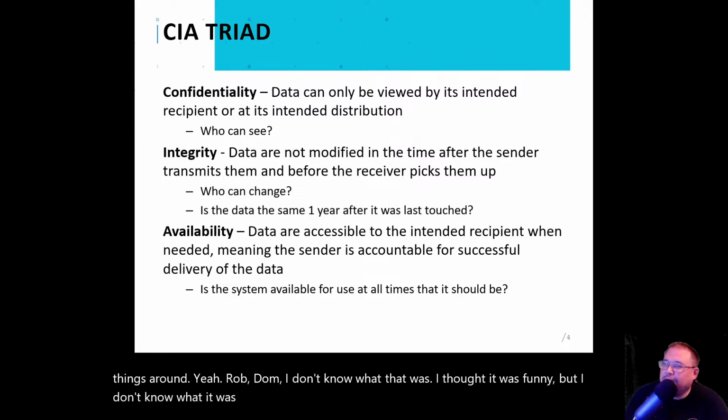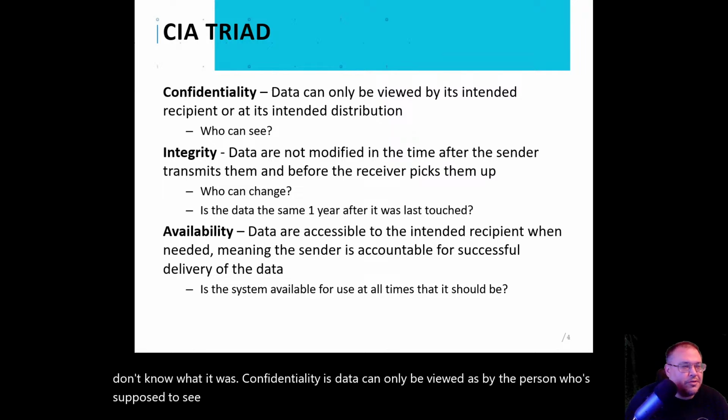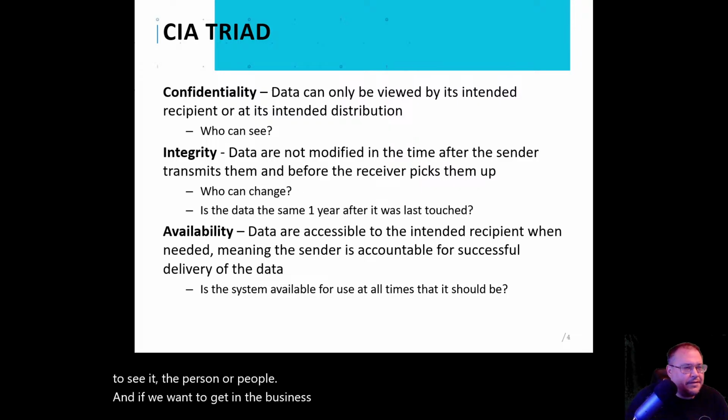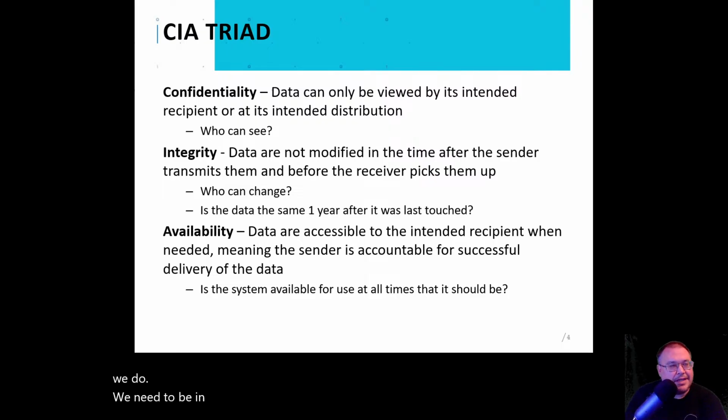Confidentiality is data can only be viewed by the person who's supposed to see it, the person or people. And if we want to get in the business of having confidential data in our organization, which we do, we need to be in the business of data labeling.